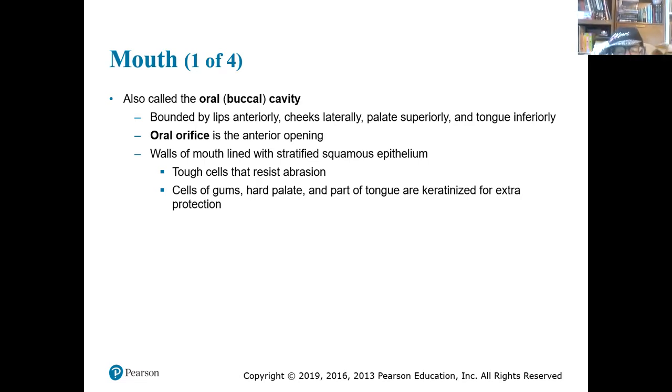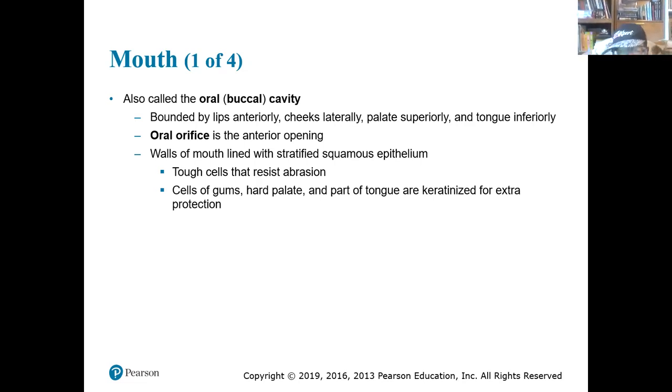The walls of the mouth are lined with stratified squamous epithelium. You've heard this before. That stuff is good for abrasion resistance. You have lots and lots of flattened cells, lots and lots of layers. What that means is you know things are going to be rubbing on it. With stratified squamous, you can rub off a few cells without breaking the wall of the layer.